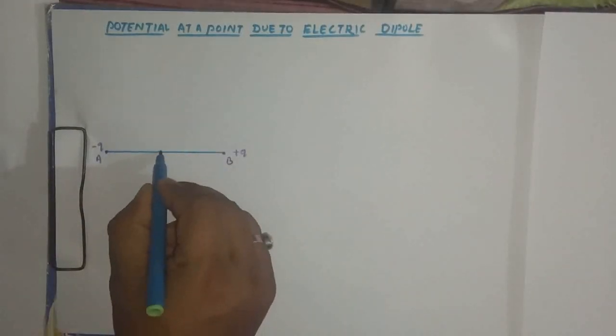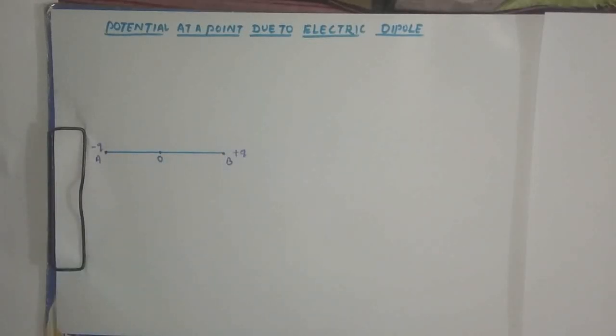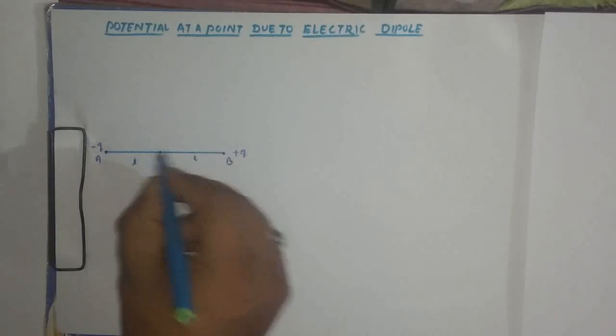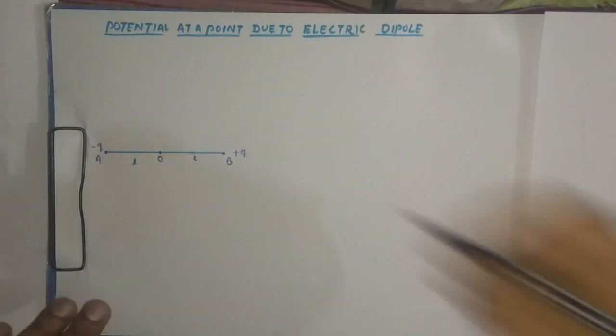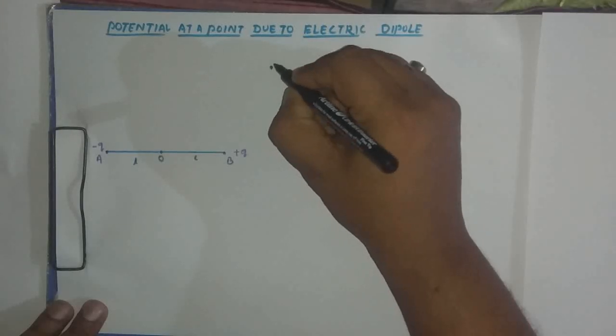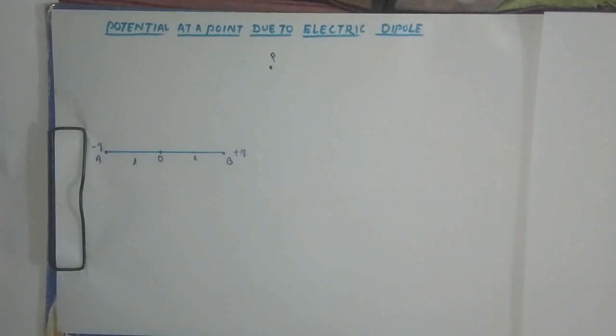This is the center point, obviously separated by 2L distance. Let us take any point, let this be the point.